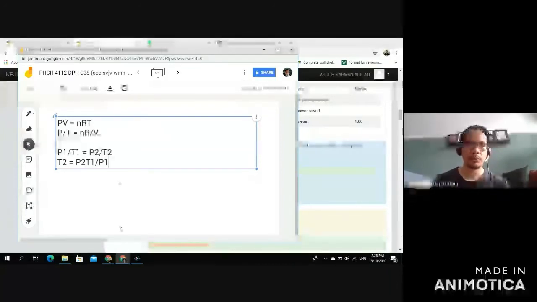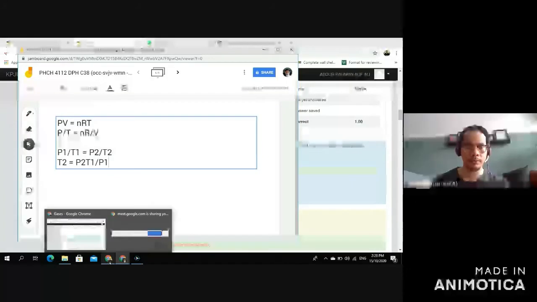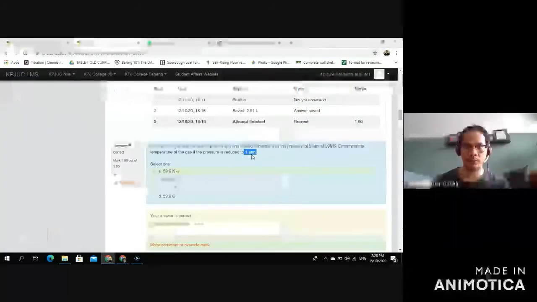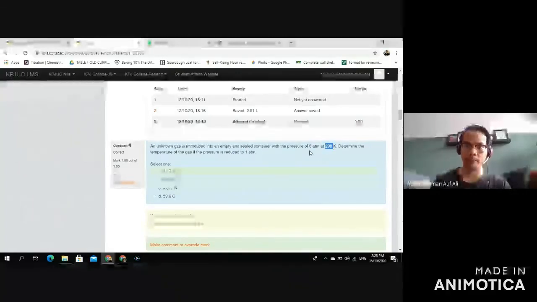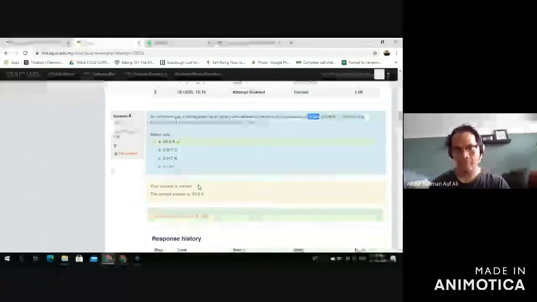So P2, pressure 2, is 1 atm, times 298 Kelvin, divided by 5 atm. So the answer is 59.6 Kelvin.